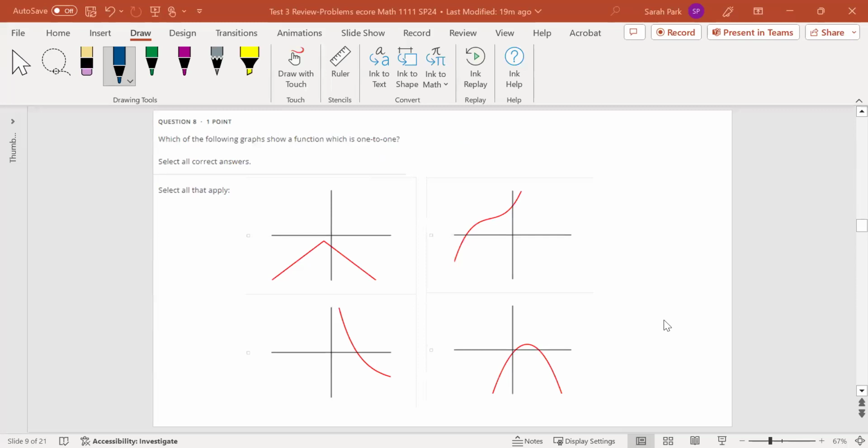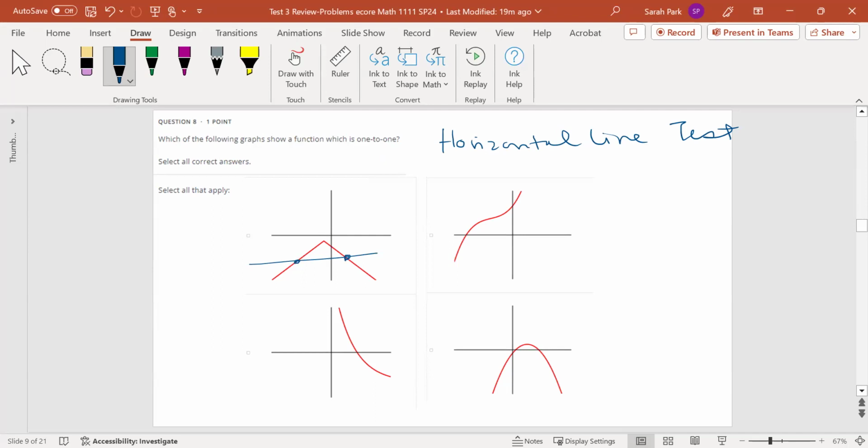Okay, number 8, which of the graphs show a function that's 1-to-1? A 1-to-1 function has to pass the horizontal line test. If you draw a horizontal line and it goes through the graph more than once, it fails.